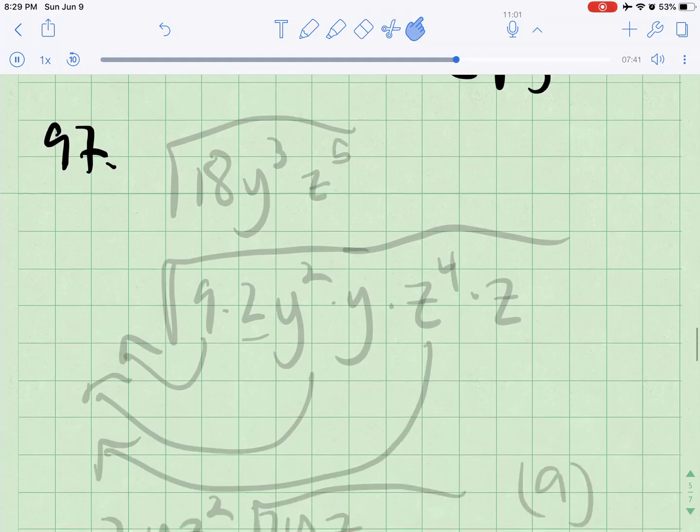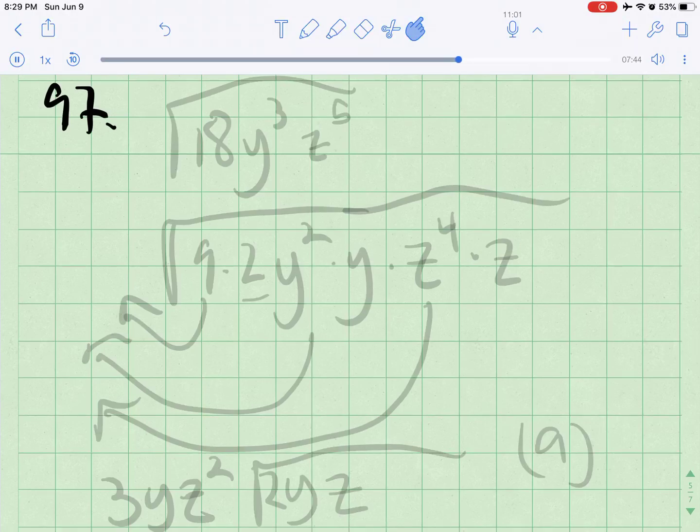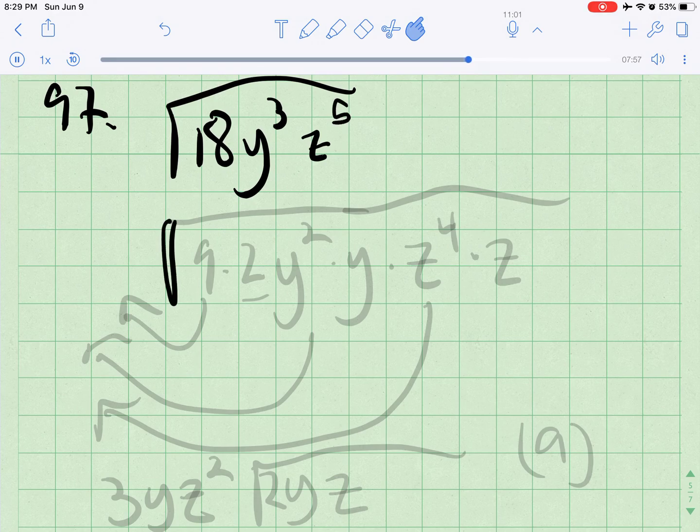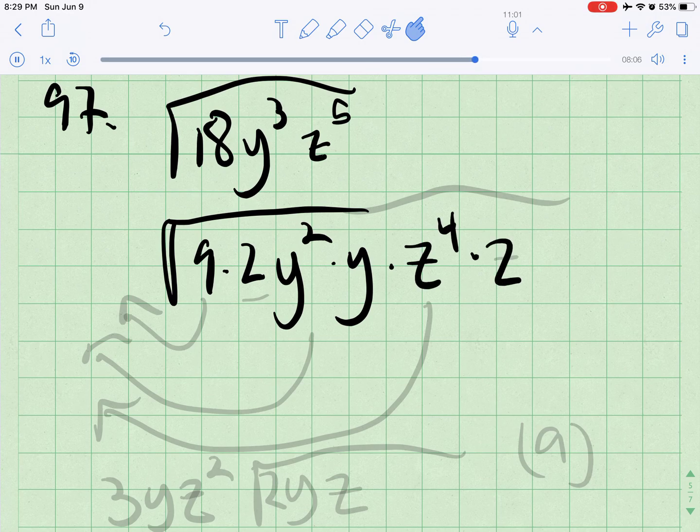97. 18y to the third, z to the fifth. We're taking the square root. So I'm going to break this up into 9 times 2 times y squared times y times z to the fourth times z. Break it into the perfect squares.